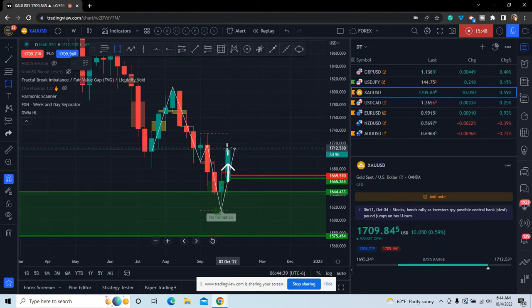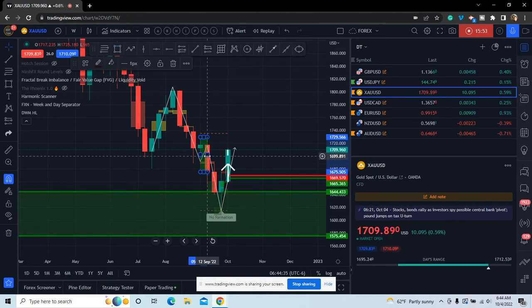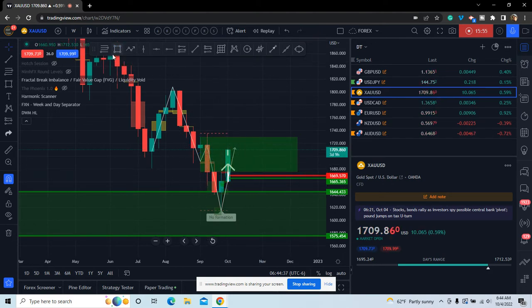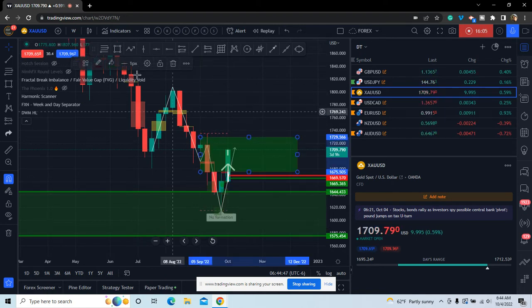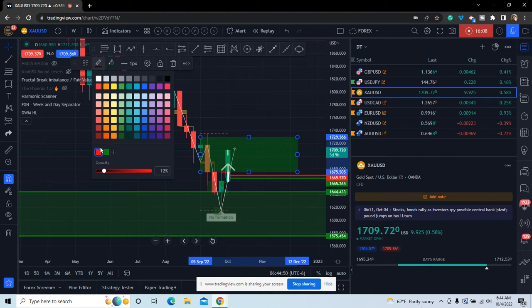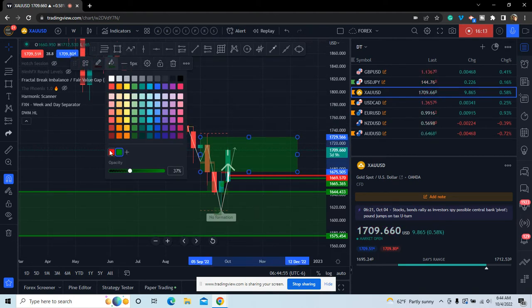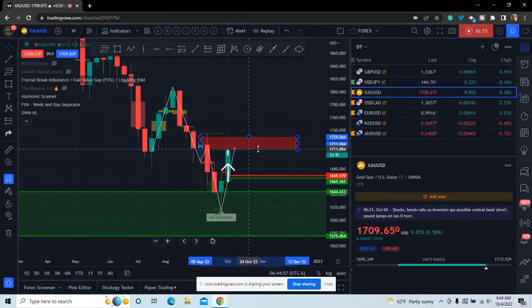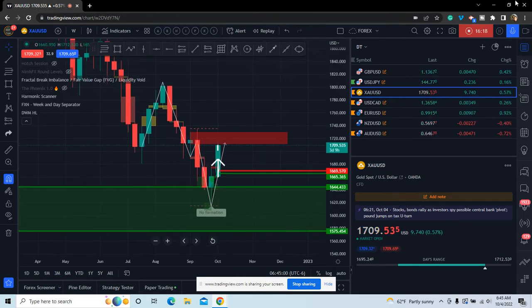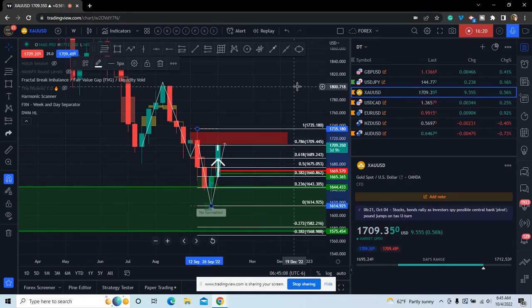So the question is whether we're heading up to last week's high. But this is certainly an area where we would expect to see some deceleration of this rally, in what has been a 78.6 fib retracement.